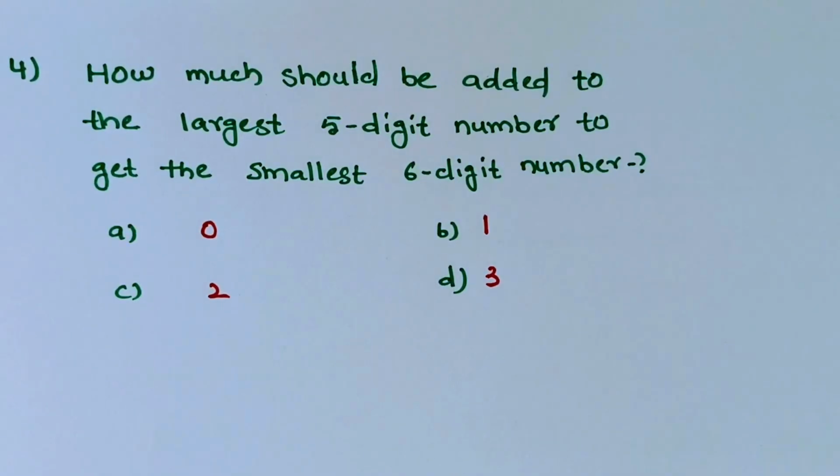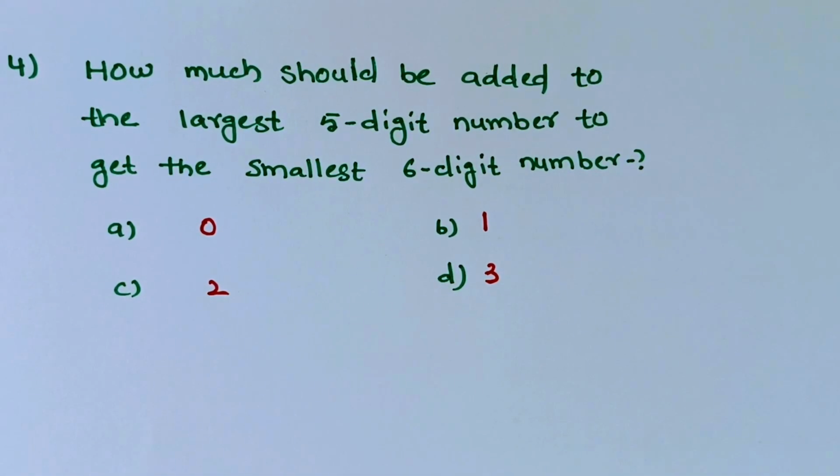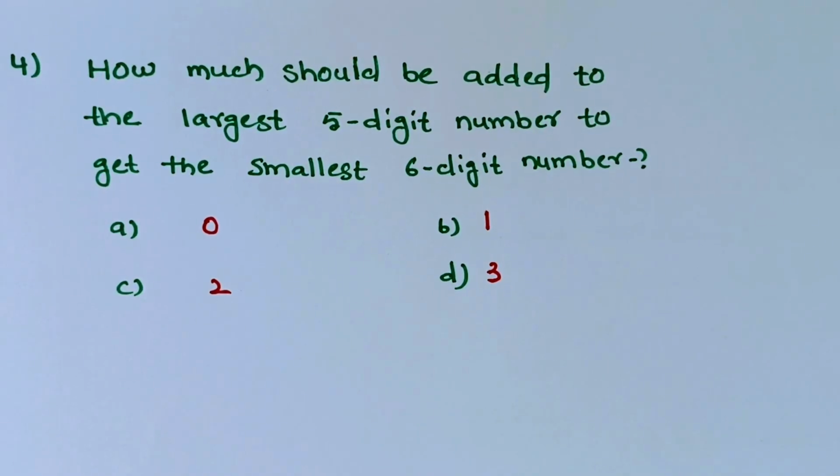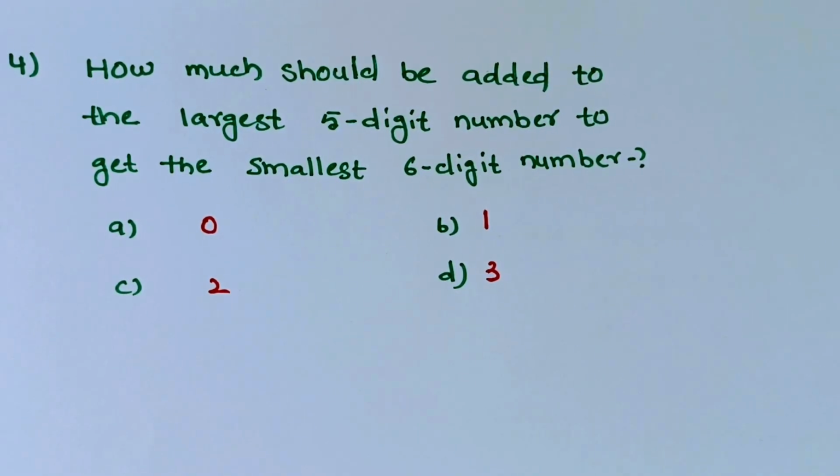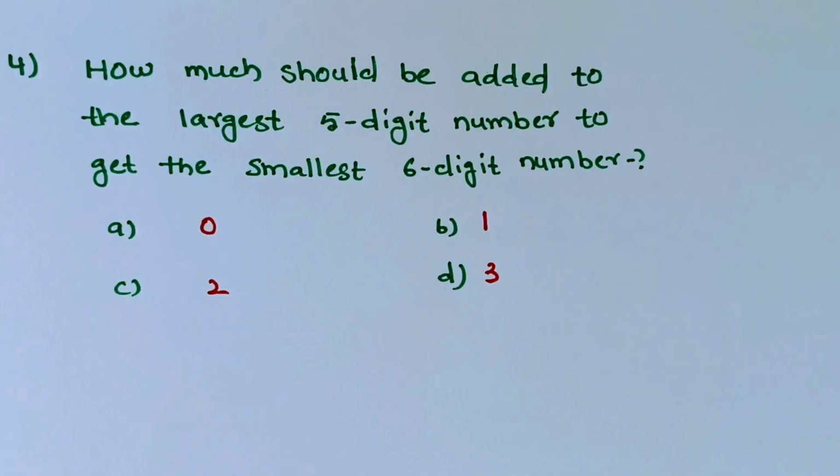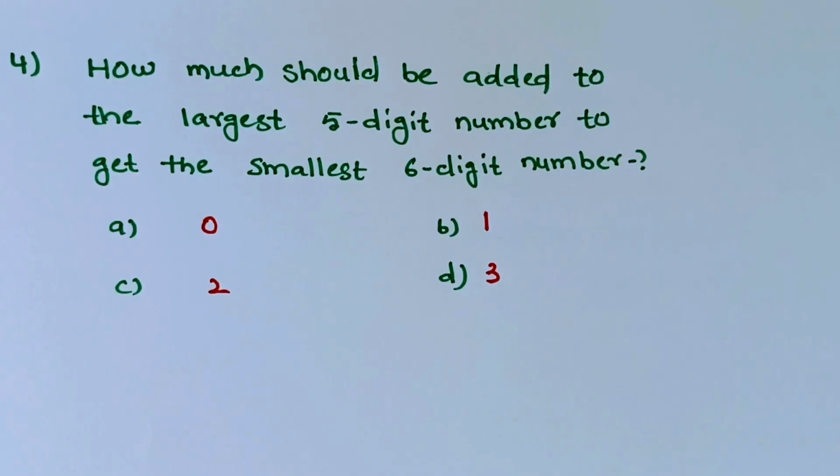Next, the fourth question. How much should be added to the largest 5-digit number to get the smallest 6-digit number? Options: 0, 1, 2, 3.